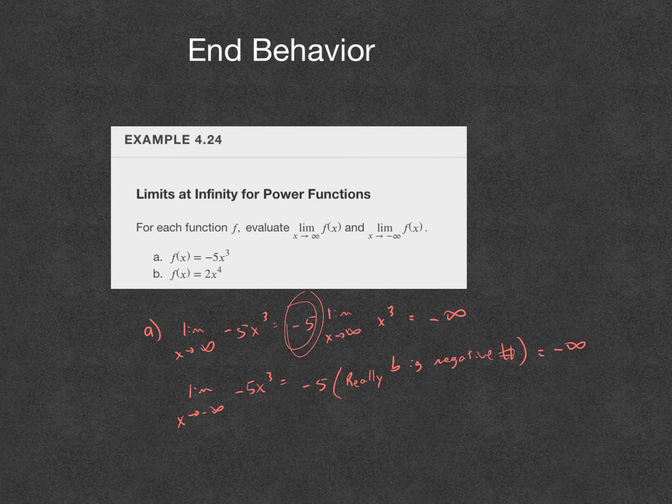For the 2x to the fourth, I'm not going to write this one all out. f of x equals 2x to the fourth, but both our limits as you approach positive and negative infinity on that one are positive infinity. Big number to the fourth power, whether it's positive or negative, is positive in the end.